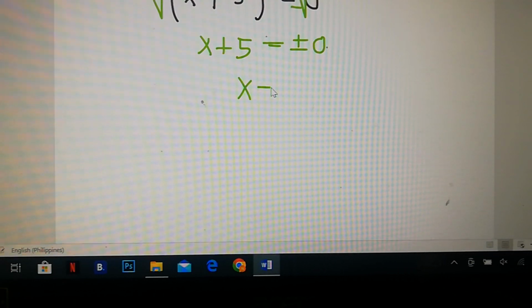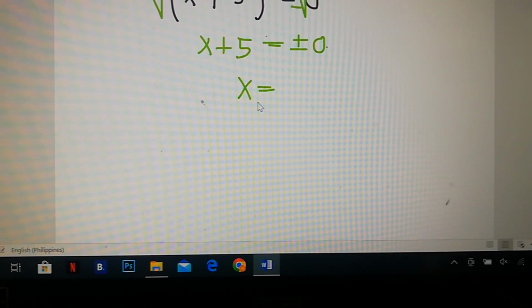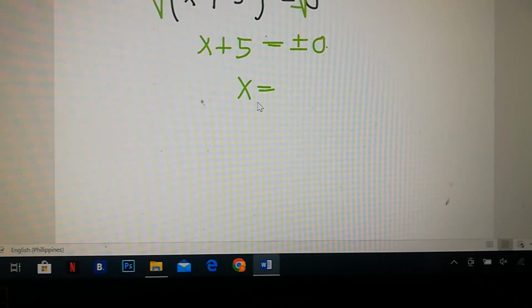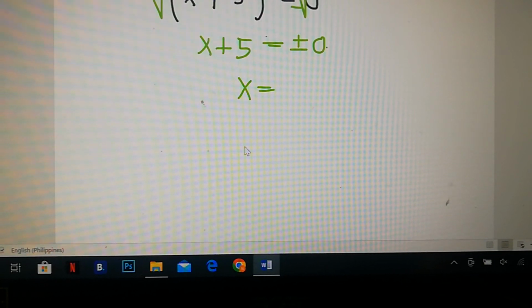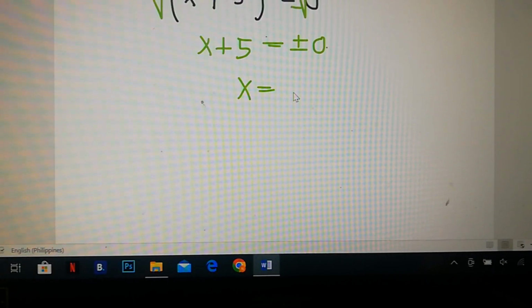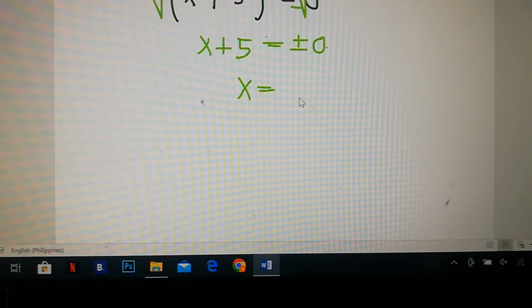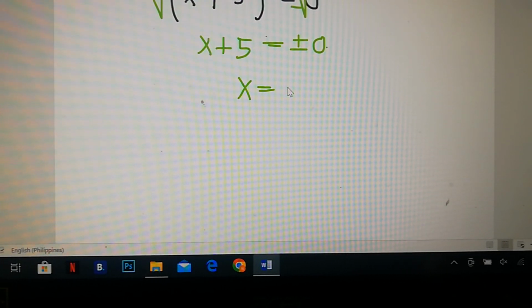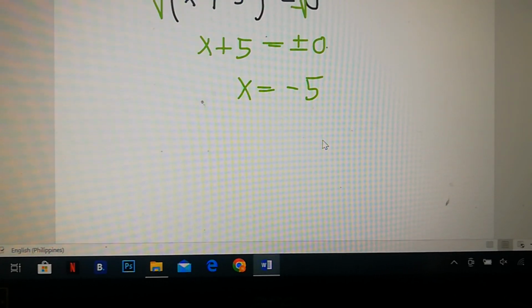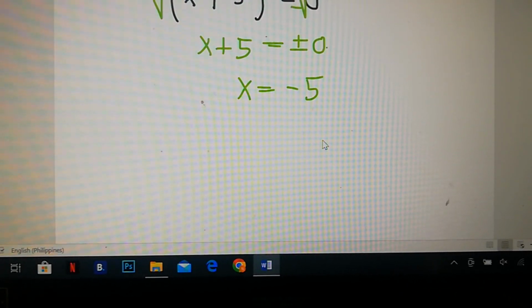So x therefore is equal to, you apply the subtraction property, x plus 5 minus 5 is equal to x. Then plus or minus 0 minus 5 is equal to negative 5. Okay, so x is equal to negative 5.